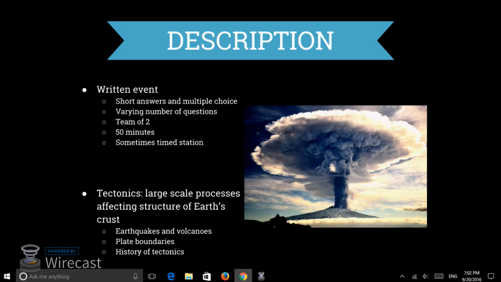And sometimes Dynamic Planet will be a timed station event where there are around 5 to 10 stations, and you'll have a limited amount of time to answer and analyze whatever materials they have at each station. And then you'll have to answer questions regarding each material. Like they might have a picture of a certain type of volcano.